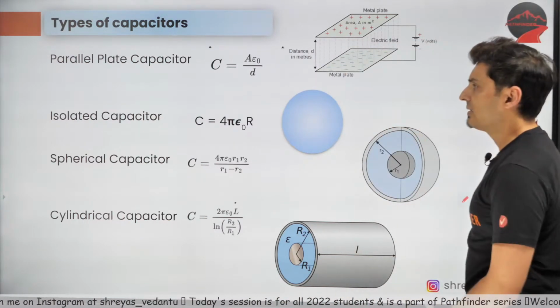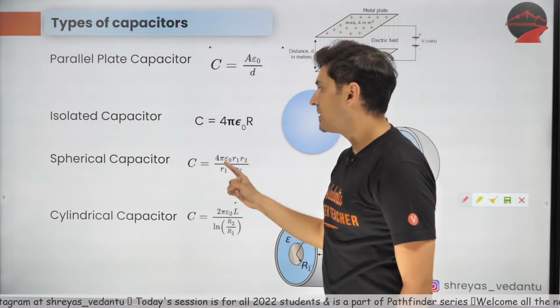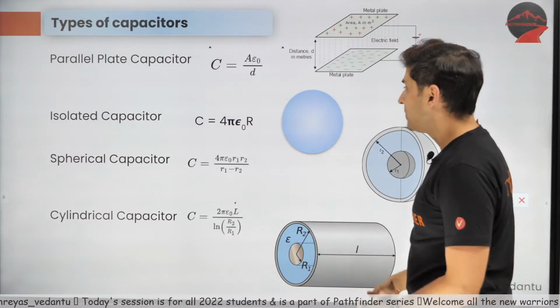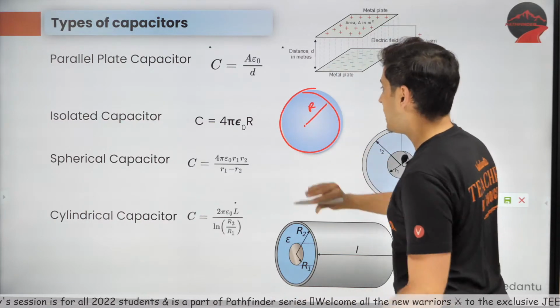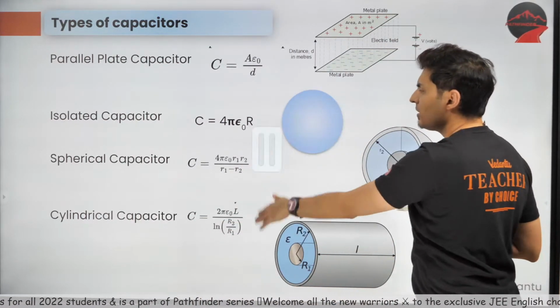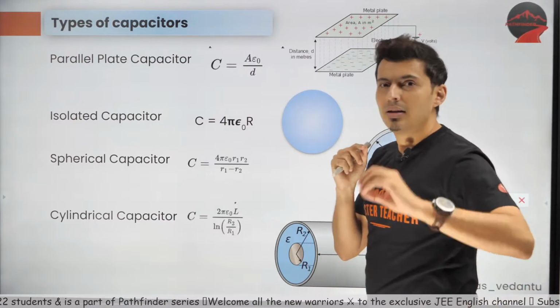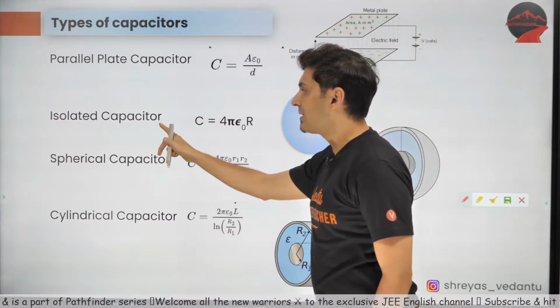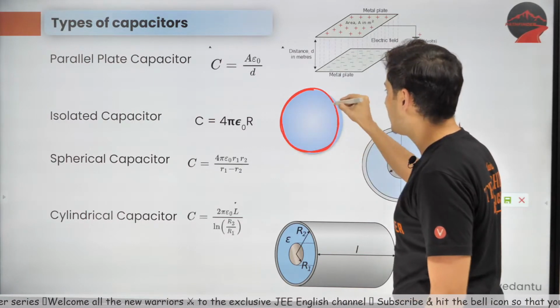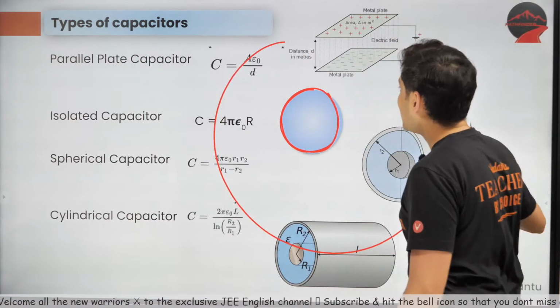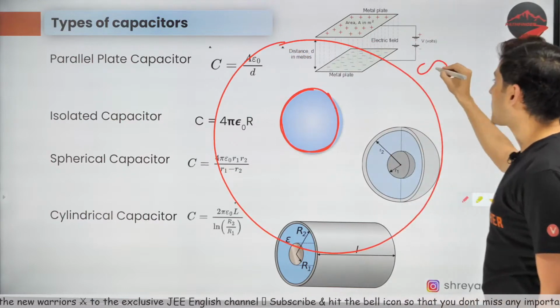Number two type of capacitor, isolated capacitor. This is a very special type that is only a sphere of radius r, nothing else. You might be wondering, sir, how can that be a capacitor? Think of an isolated capacitor as a capacitor where one of the plates is the sphere and the other plate is infinity.